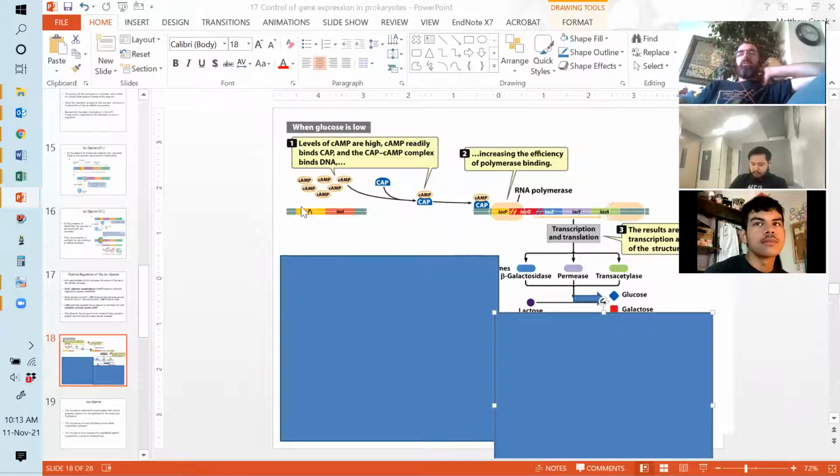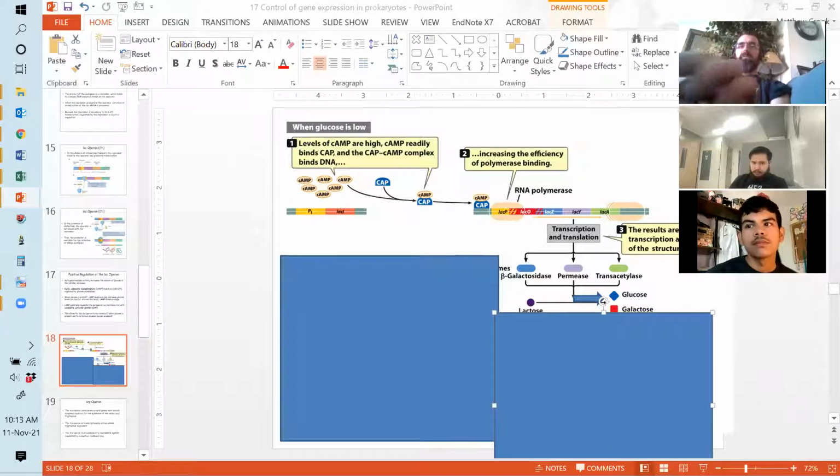All right, so now we have lactose present equals no LAC-I bound to the LAC-O operator, right? Glucose low or absent equals high cyclic AMP. So this is like a logic process, right?